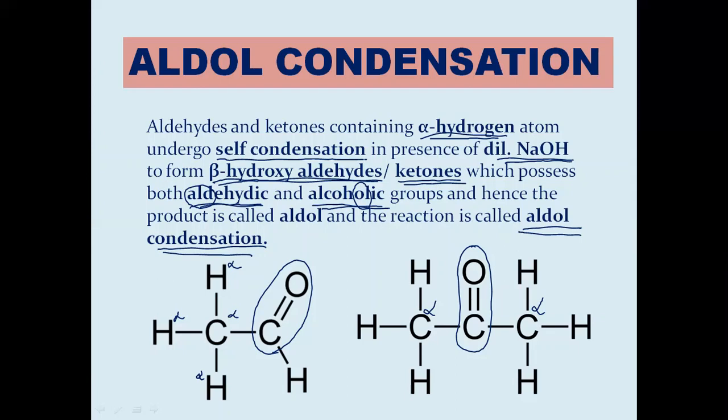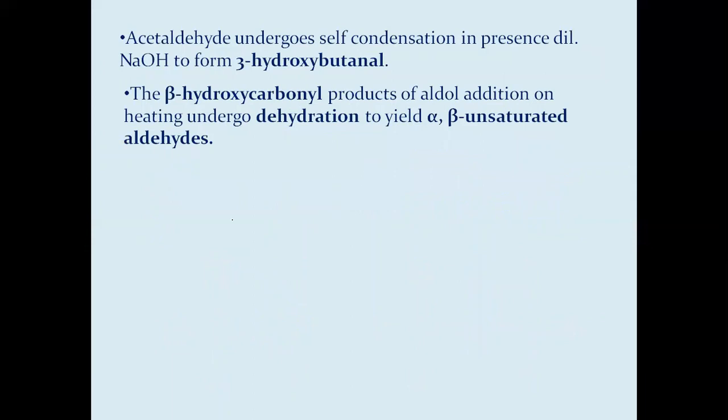Now let me go to the explanation of the mechanism of this aldol condensation step by step. Before going on to the mechanism, let me just give the general reaction: how two aldehydes combine together to give aldol, and if this aldol is made to undergo dehydration, what is the product that is obtained?